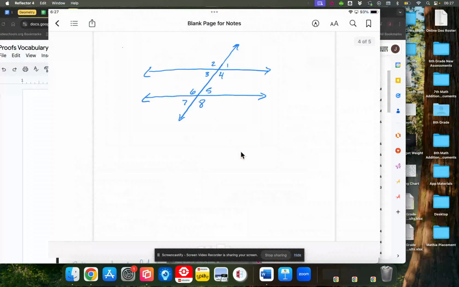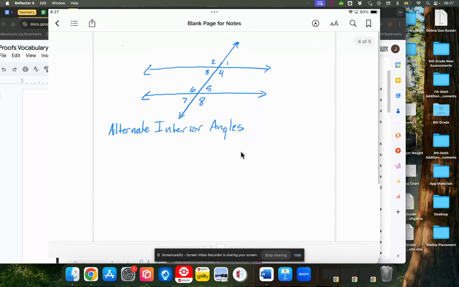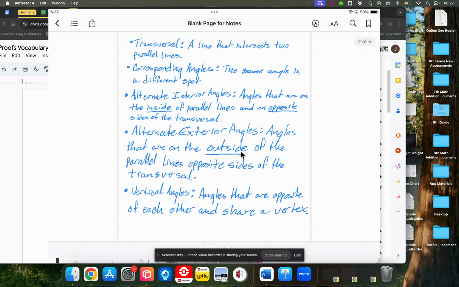Okay, and so this time we have alternate interior angles. Now, if we look at the definition, alternate interior angles are angles that are on the opposite side of parallel lines.